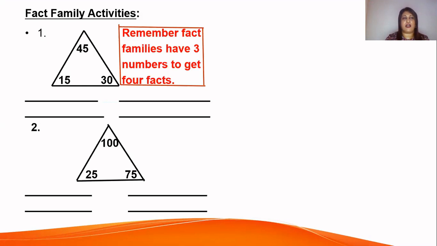Whilst doing it, remember how we did the other ones. Remember the videos you watched. It's going to help you. And remember, fact families have 3 numbers, and you'll have 4 facts for each one.